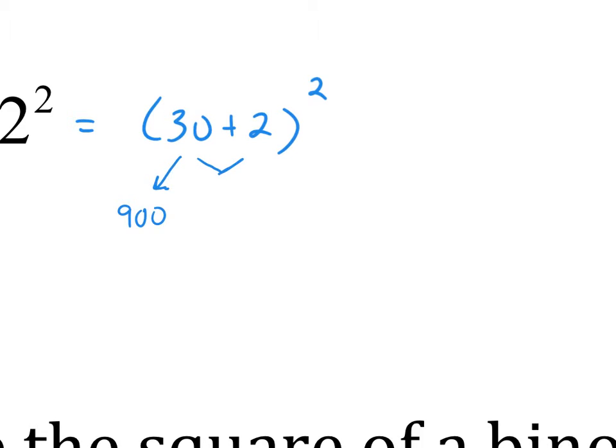Multiply these two to get 60 and double to get 120. And square this to get a 4. So this could have been done completely in our head because 900 is easy to remember, 4 is easy to remember, and 120 is just keep that in my head there. So this is 1,024. So 32 squared is 1,024.